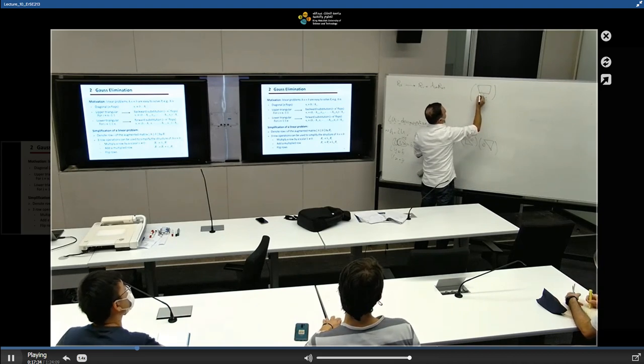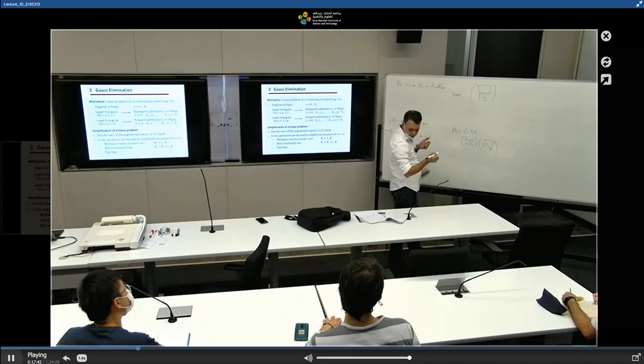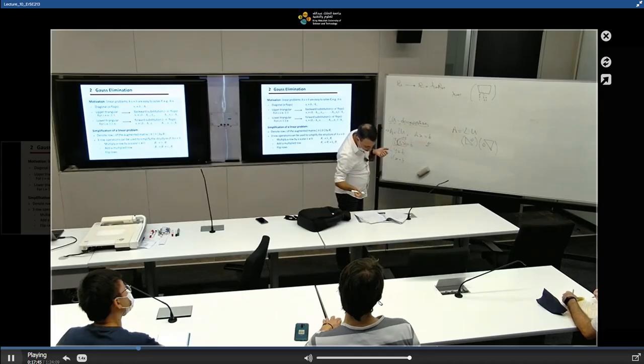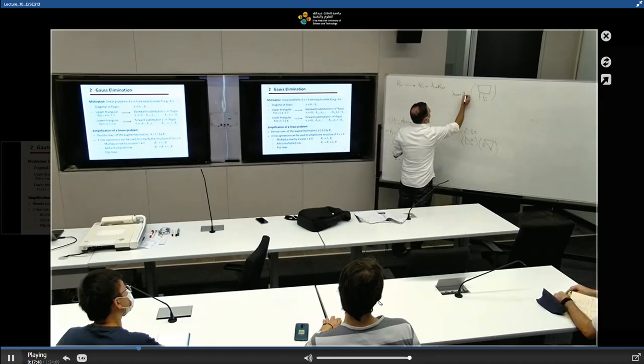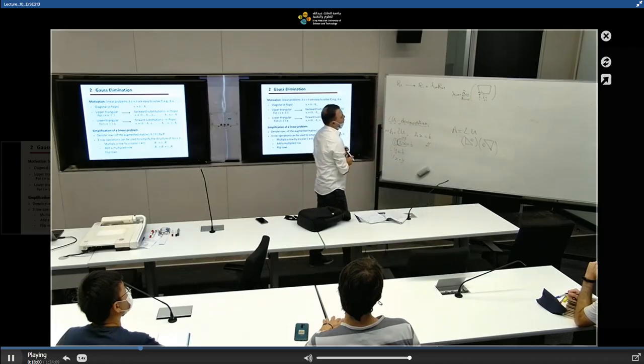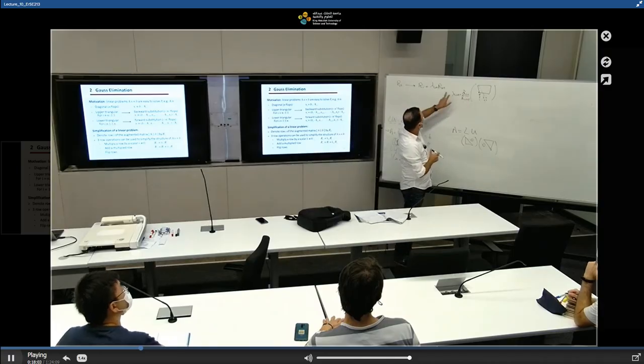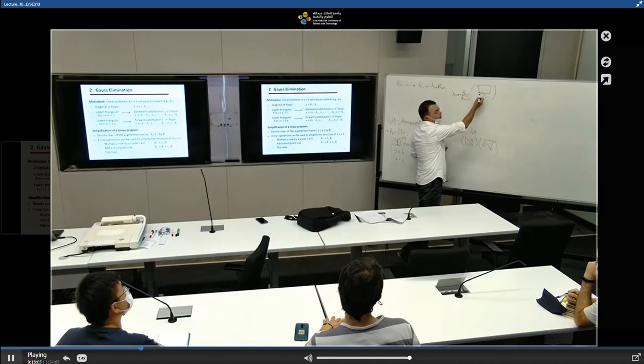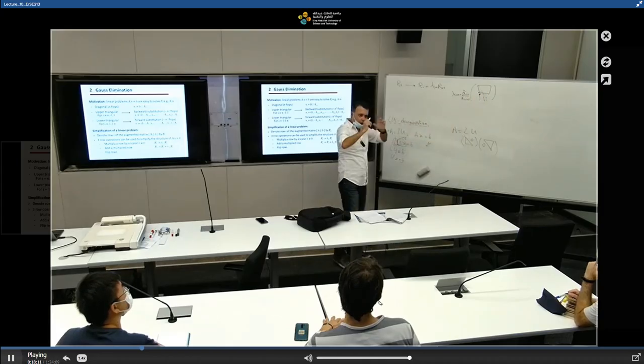Then lambda i plus 1 will be equal to A i, this one divided by, if I'm not missing anything, this one. Okay? And then when you multiply, the idea is to set this one to 0. So this one minus this one. So you're just making a multiplication and setting it to 0.